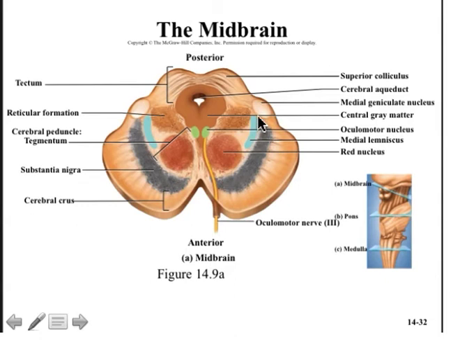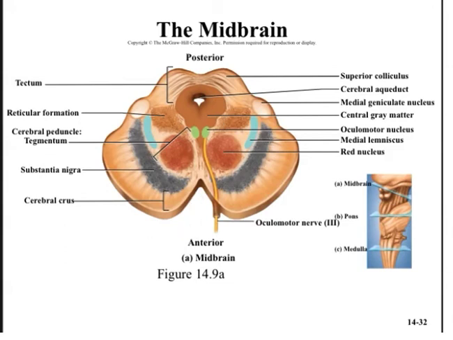We also want to make note of the cerebral aqueduct here in the center. It is bordered posteriorly by the tectum and the central gray matter, which surrounds the cerebral aqueduct as well.